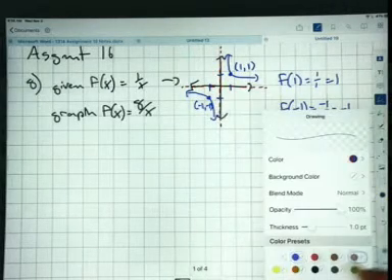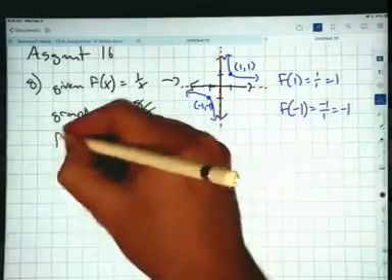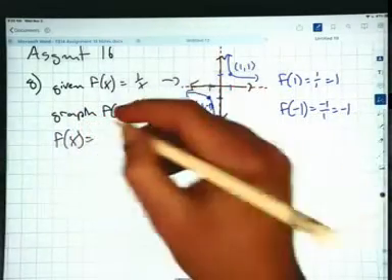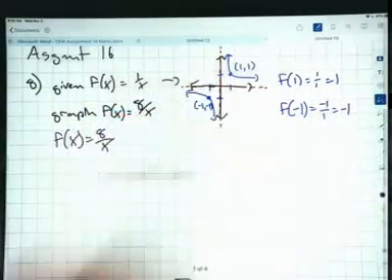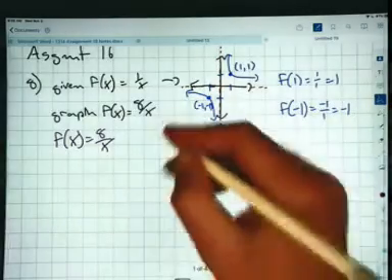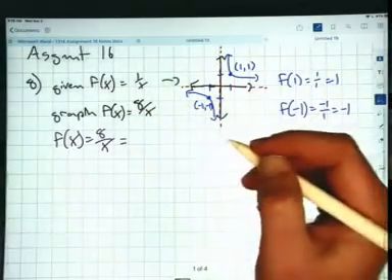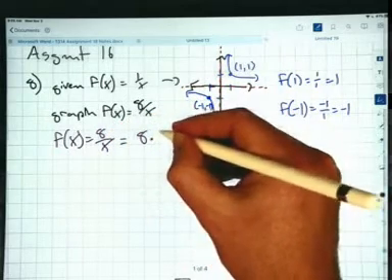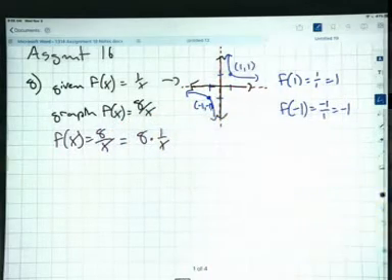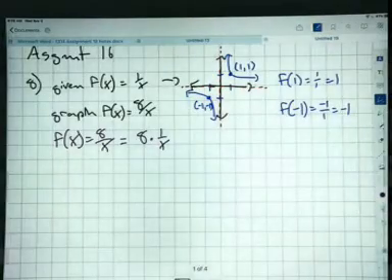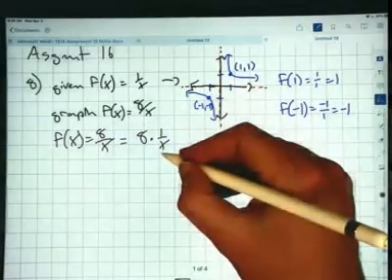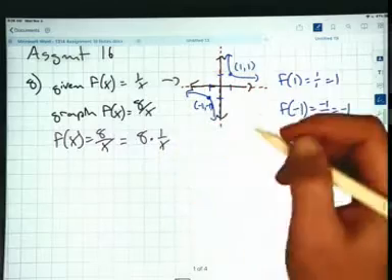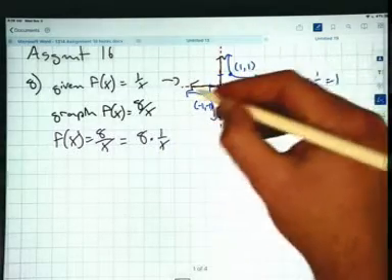Now, let's take a moment to think about this function f of x is equal to 8 over x. And something that you can do here is you can rewrite this as 8 times 1 over x. So we know what this function 1 over x is doing. It's doing this.